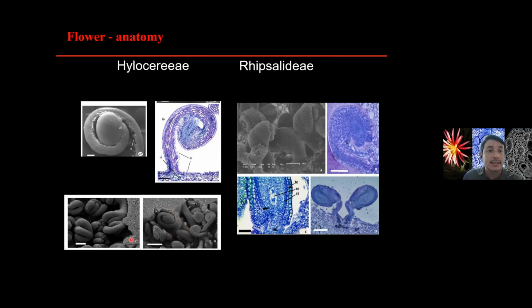In the Selenicereus undatus, for instance, the funicles are ramified, and the number of ovules per placenta is much higher. In Hypsalid, on the other side, we don't have circinotropous ovules. Most of the ovules are anatropous, or in some species, they have a little projection of the placenta here, but they are tiny when compared to the Hylocereeae.